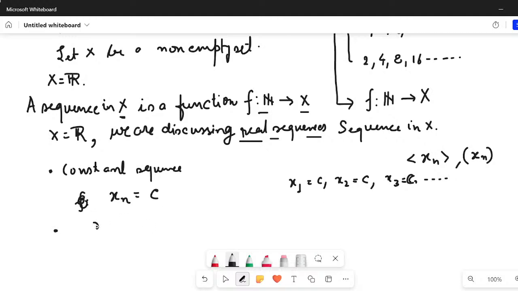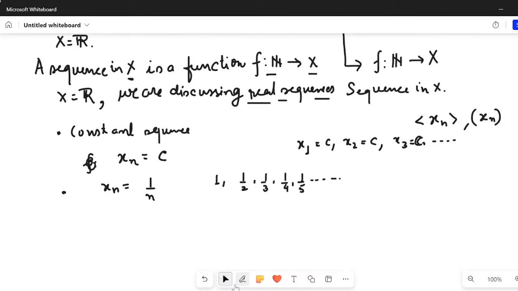For example, one of your favorite examples, 1 upon n. So 1, 1 by 2, 1 by 3, 1 by 4, 1 by 5, and so on. This is yet another sequence. Another sequence is xn equal to (minus 1) raised to power n, plus 1 upon n.